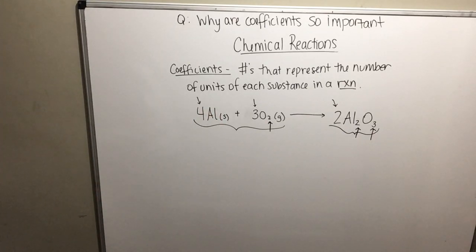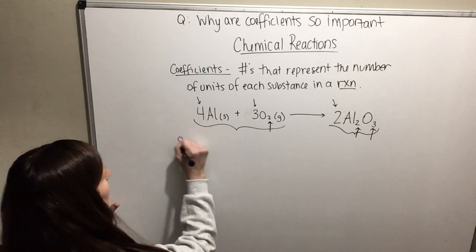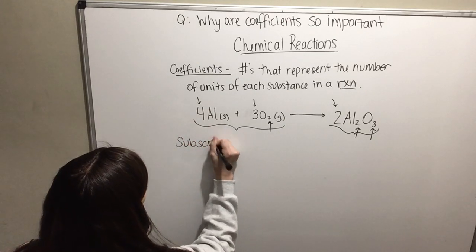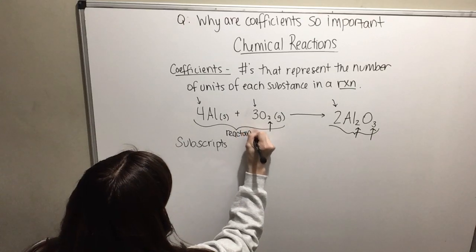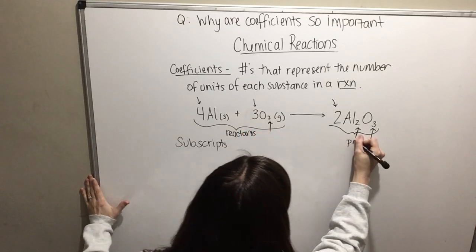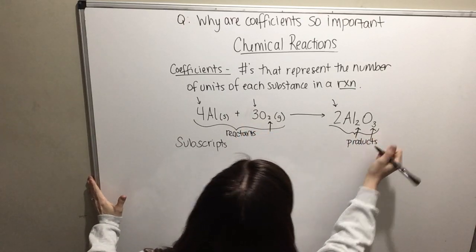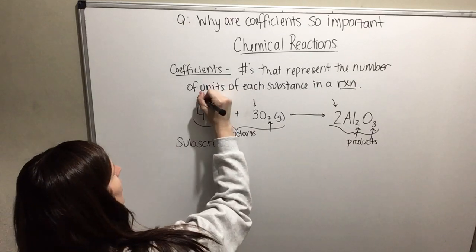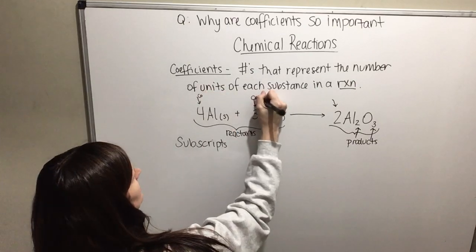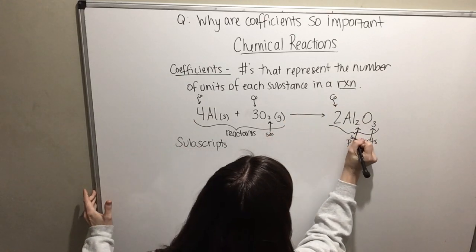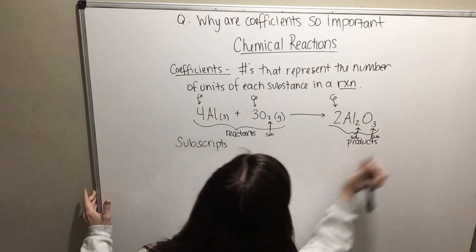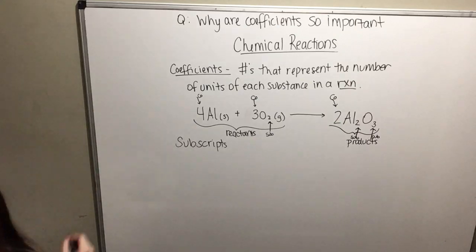Okay, so the last thing I want you to write here is a reminder of what subscripts are. And by the way, you can write reactants here, products here, and then those arrows are coefficients, and these are subscripts. Okay? All right, so subscripts, rewrite this definition.